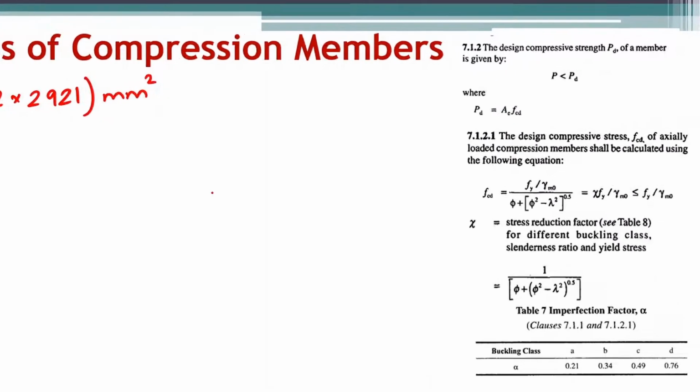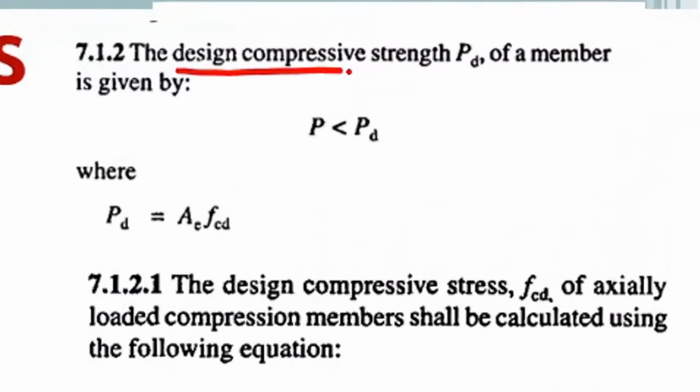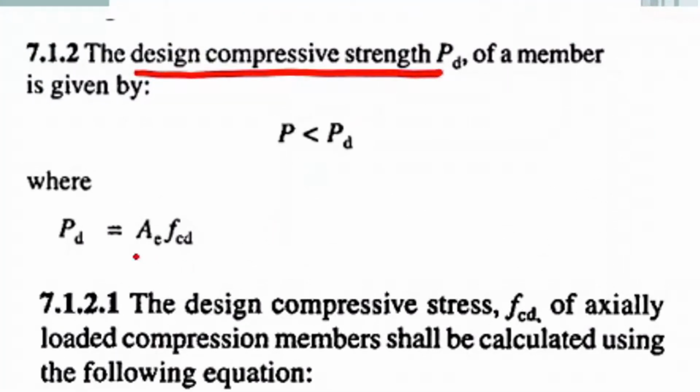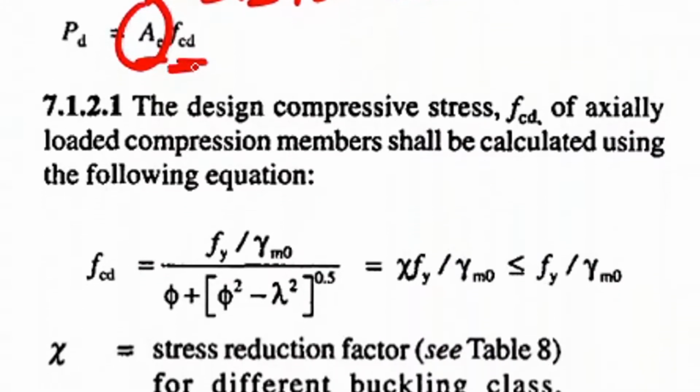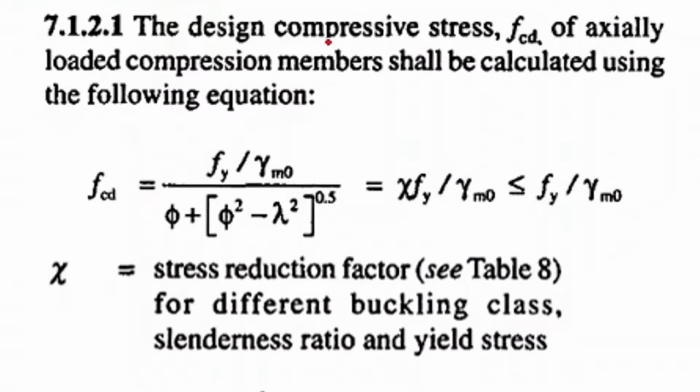We need to find the design compressive strength, PD. So design compressive strength is area into design compressive stress. We know area is 2 into 2921 mm square. We have to calculate the design compressive stress, FCD.